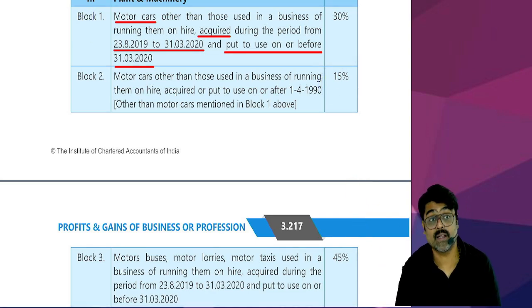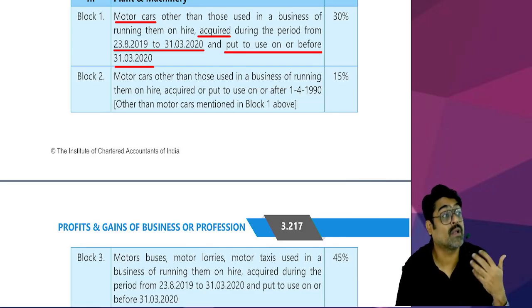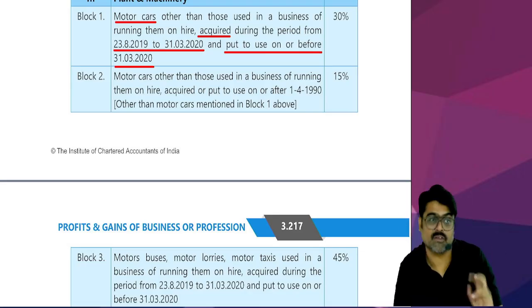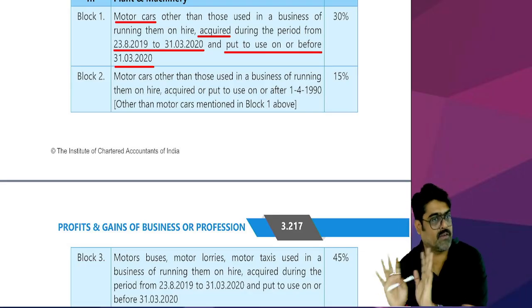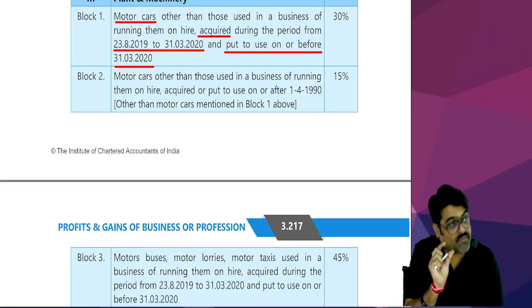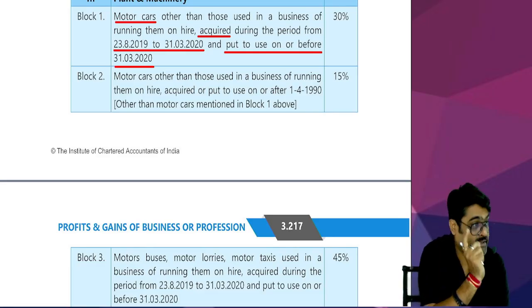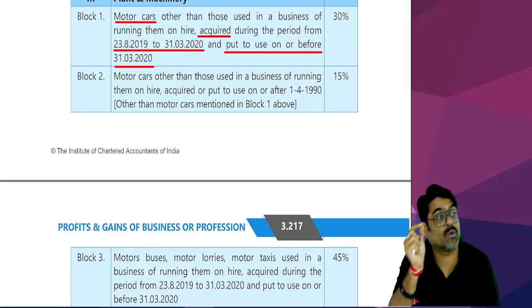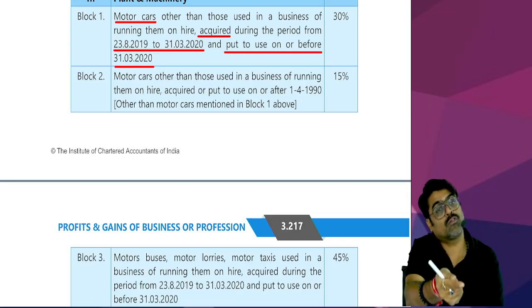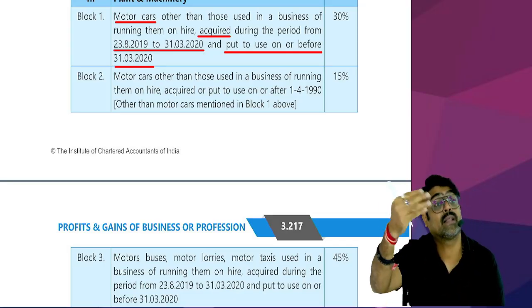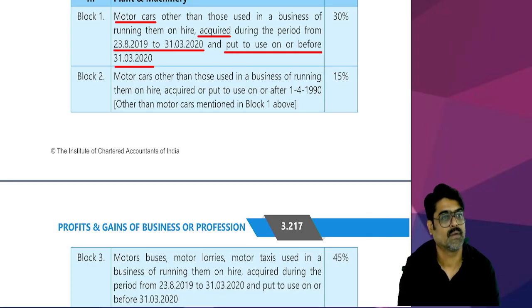But you should not be in the business of giving the motor cars on hire. But if on a certain specific period the motor car was purchased and put to use prior to 31st March 2020, then on those motor cars the rate is not 15%, the rate is 30%. Understanding? Provided you are not in the business of giving the motor cars on rent.